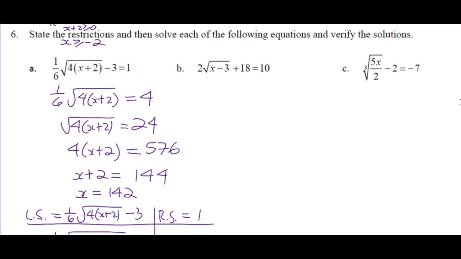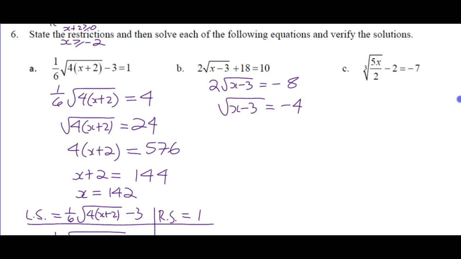So what's the first step we do here? Minus 18. So 2 times the root of x minus 3 is equal to negative 8. So the root of x minus 3 is equal to negative 4. Now you could stop now, right? I'm going to continue it because this could happen to you on a test. You might just continue, right?